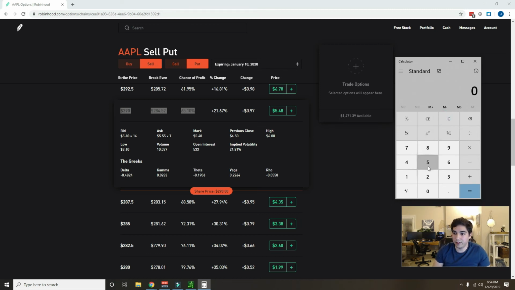So 678 minus 548. If we did this option spread 10 times, I should net a profit of $130. If I do it 100 times, that should be $1,300.